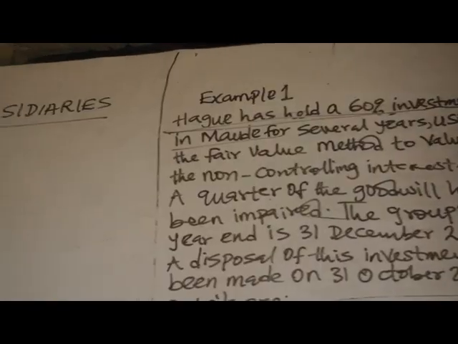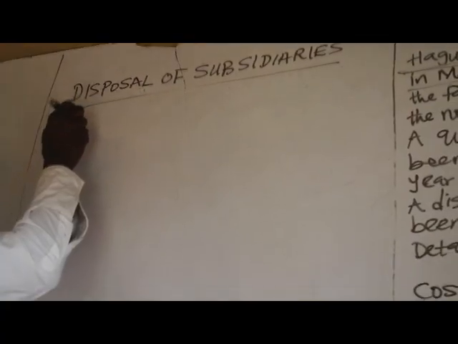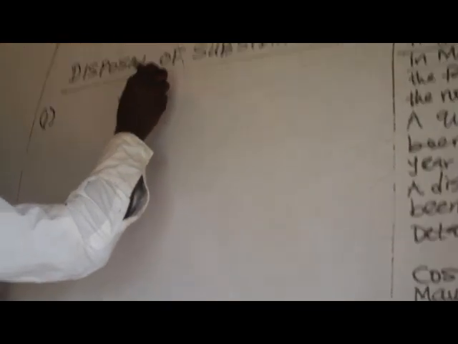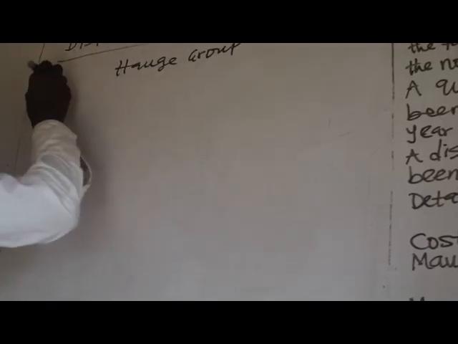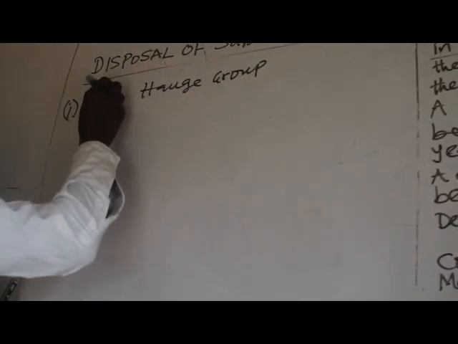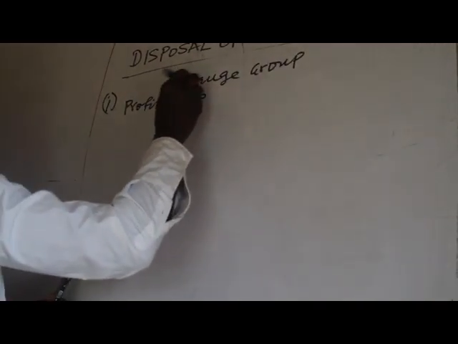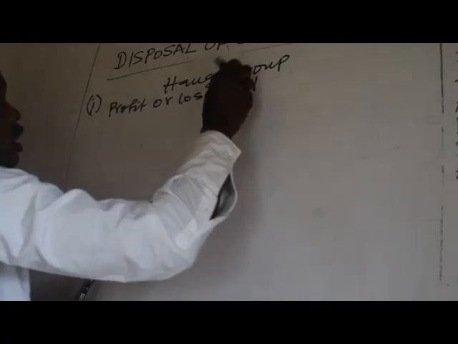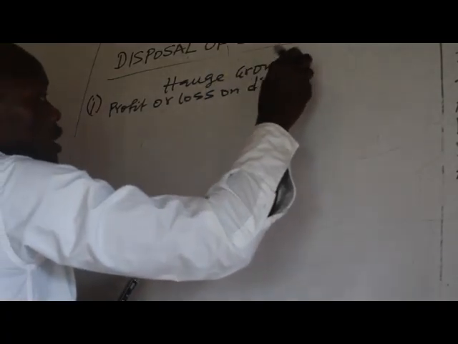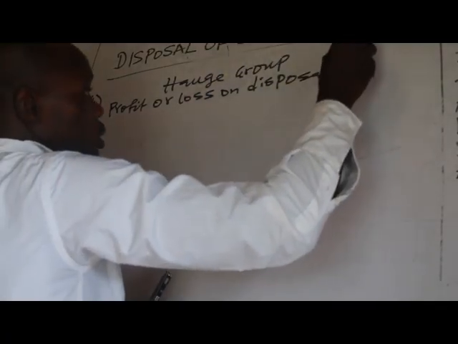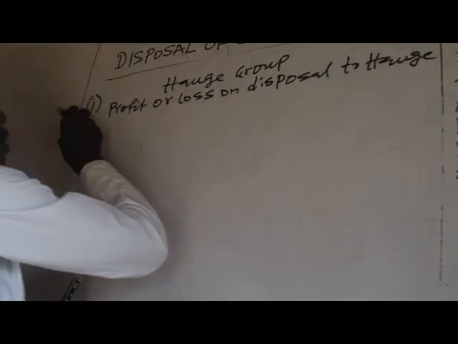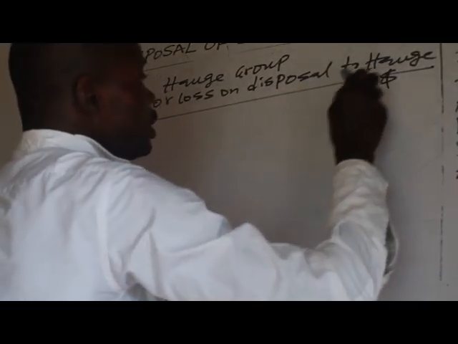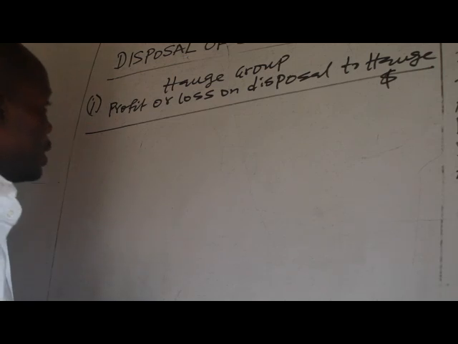So you want to calculate the ACCA profit or loss on disposal to ACCA. That is the one that will appear in ACCA's individual financial statements.